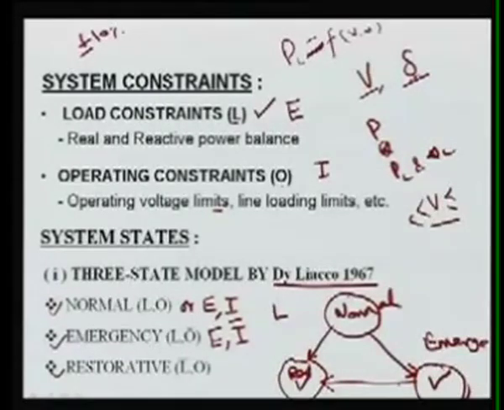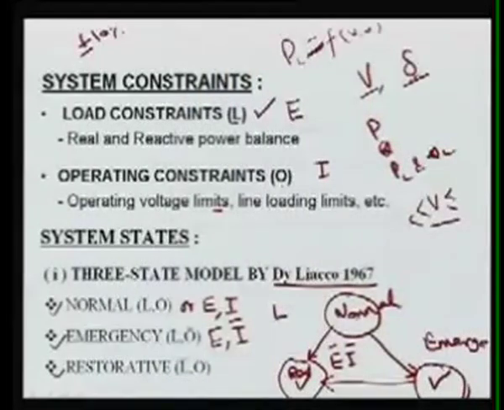Another outage may lead your power system to the restorative state, where your equality constraints and inequality constraints are not satisfied. The bar means it is the opposite of equality, which means a violation. Similarly, L bar means your load constraints are not satisfied.